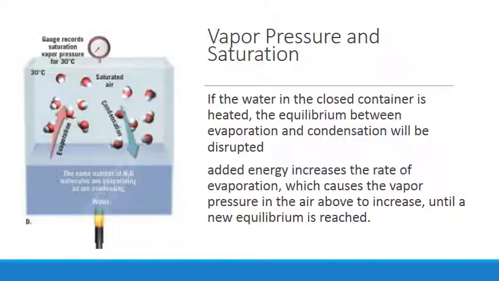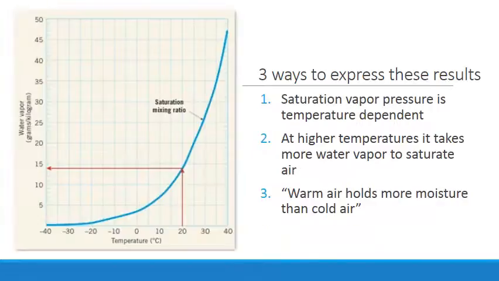So the vapor pressure will continue to increase until a new stasis, a new equilibrium is reached, until that air gets saturated. So based on the last experiment, we can conclude that the saturation vapor pressure is temperature dependent.